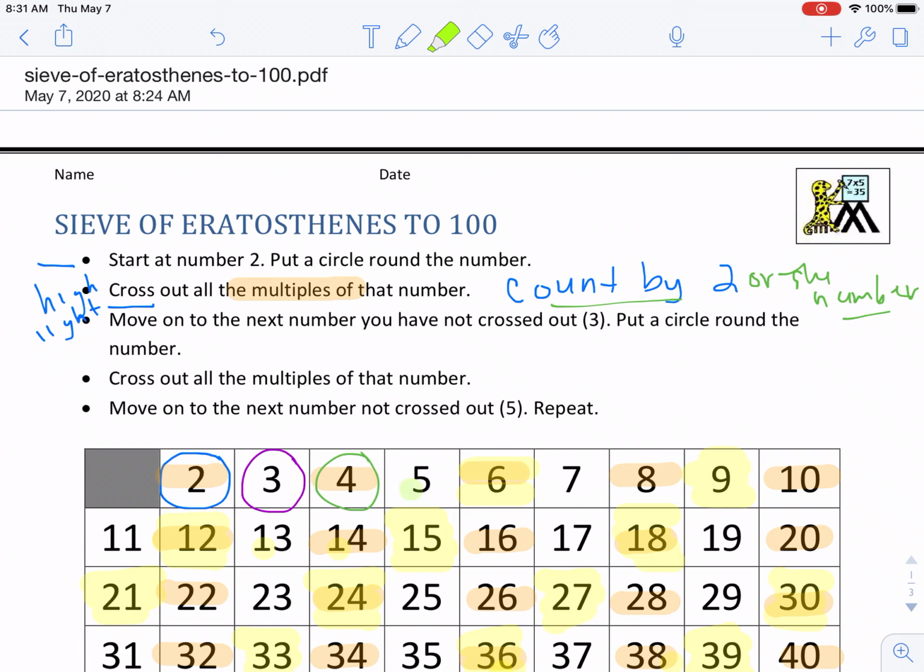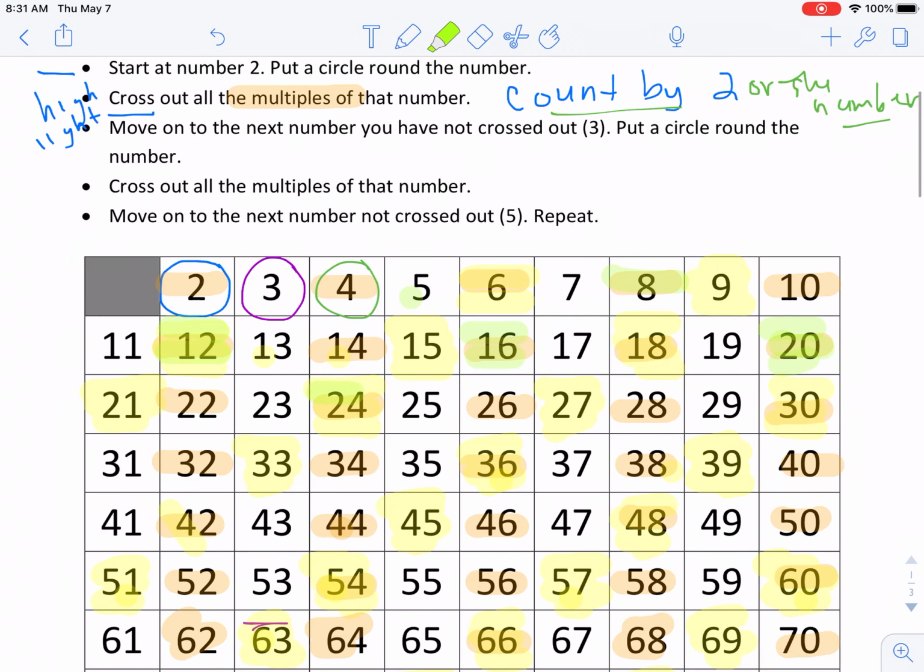1, 2, 3, 4. 1, 2, 3, 4. 1, 2, 3, 4. 20, 24, 28, 32, 36, 40, 44, 48. You can see there's a pattern here too.